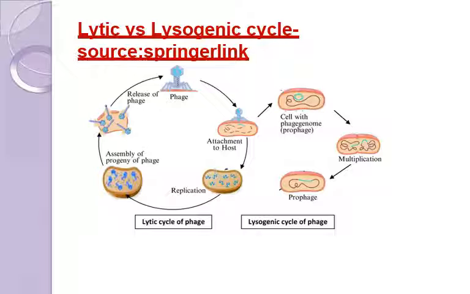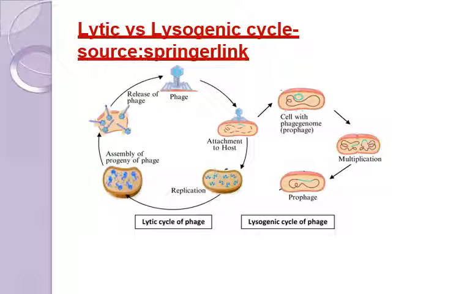In the lysogenic cycle, what happens? Sometimes it is referred to as temperate or non-virulent infection. It does not kill the host cell, instead using it as a refuge where it exists in a dormant state.